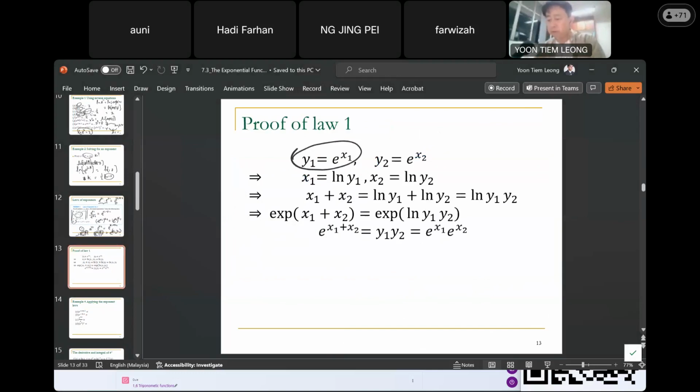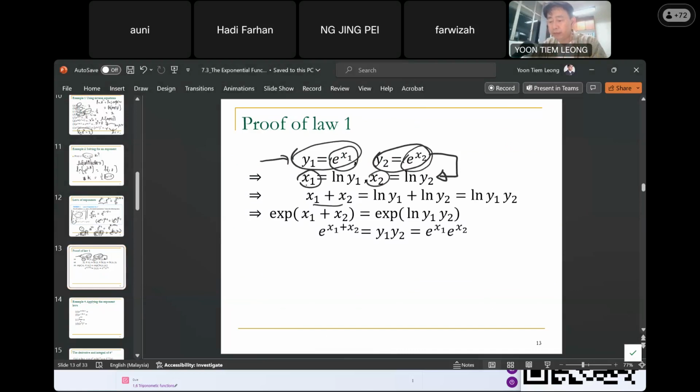First of all, you label e power x1 as y1, and y2 equals e power of x2. Then from here, you take the inverse of the function. That is, you take the log of y1 and the log of y2. When you take the log of these two equations, e power x1 becomes x1, and the log of e power x2 gives you x2.